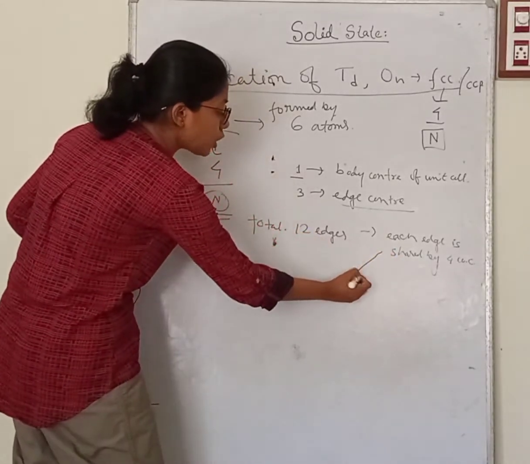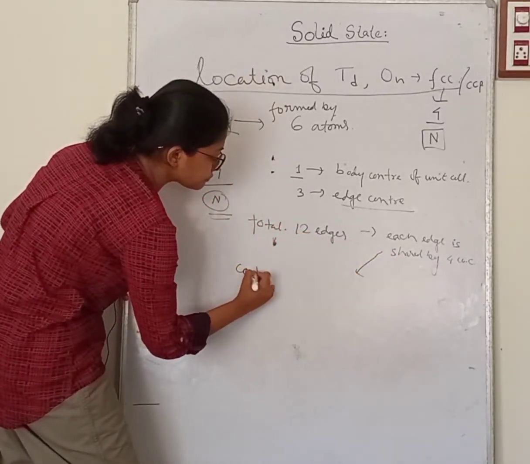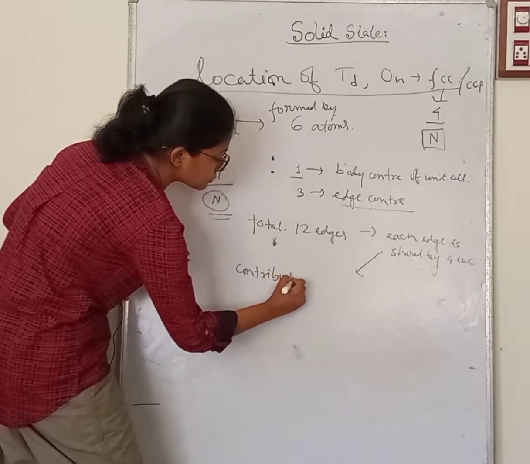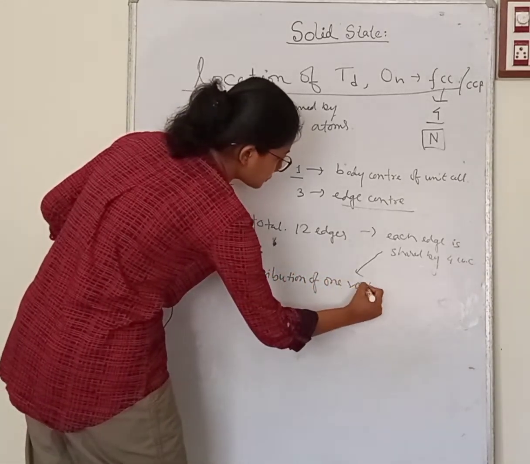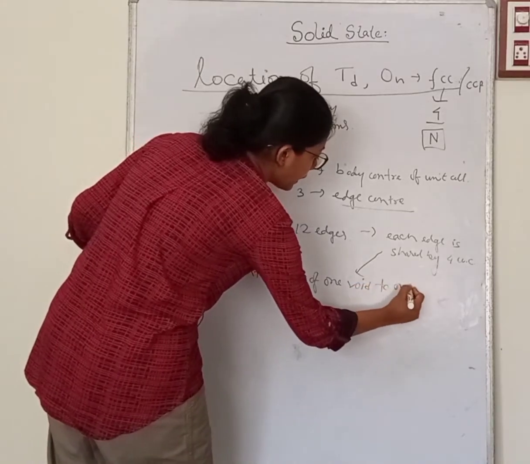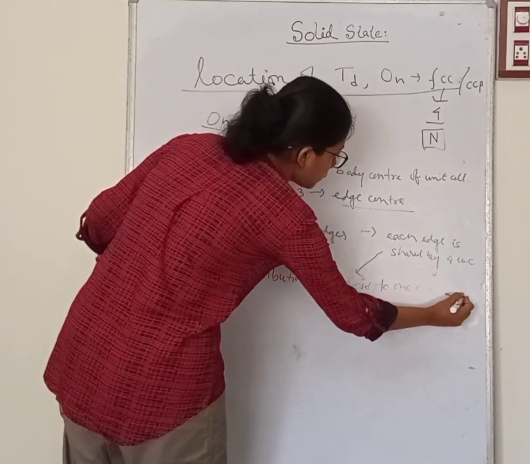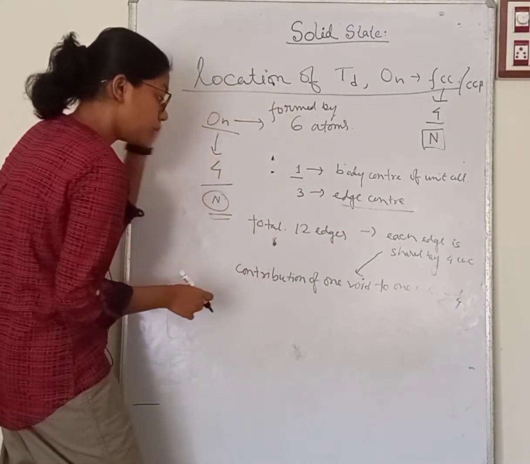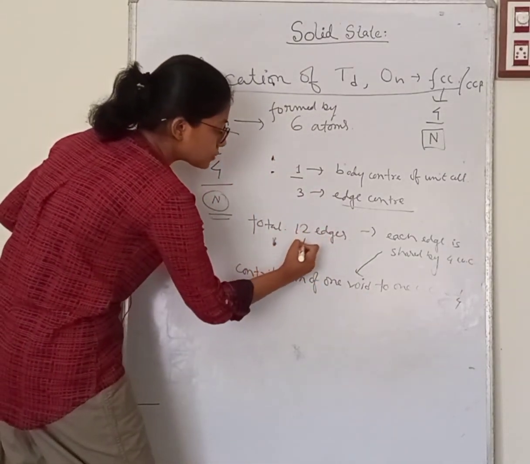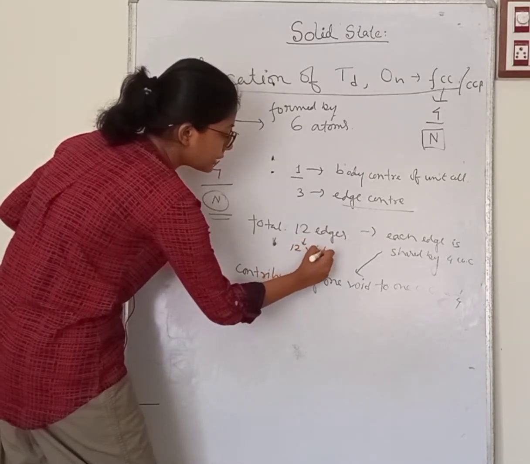So the contribution of one void to one unit cell is what? 1 by 4. Therefore we have 12 edges, so from 12 edges we will have 12 voids, right?